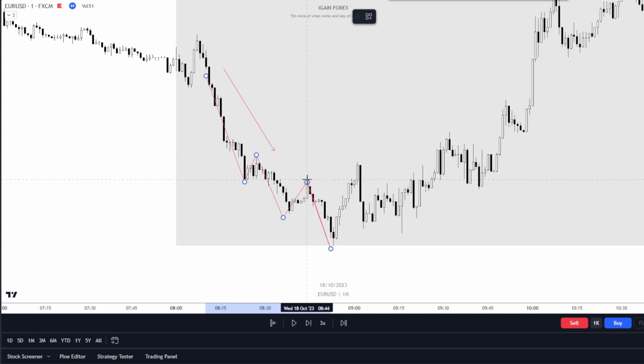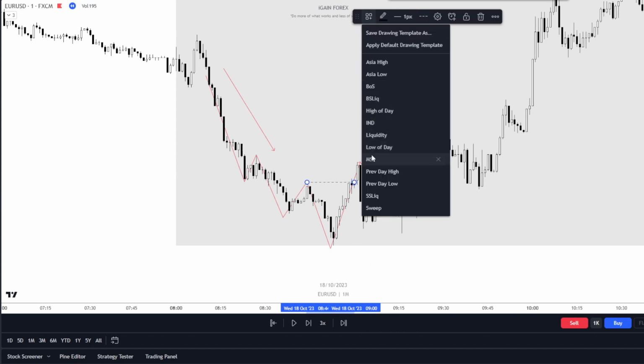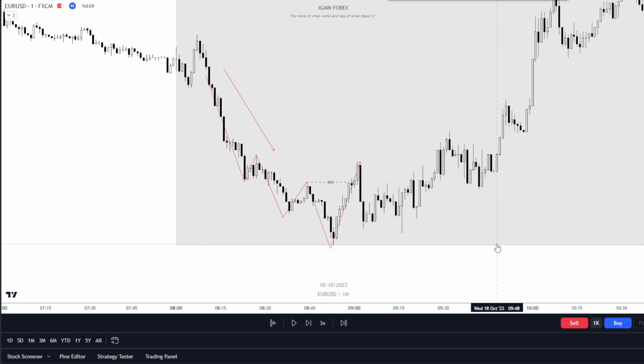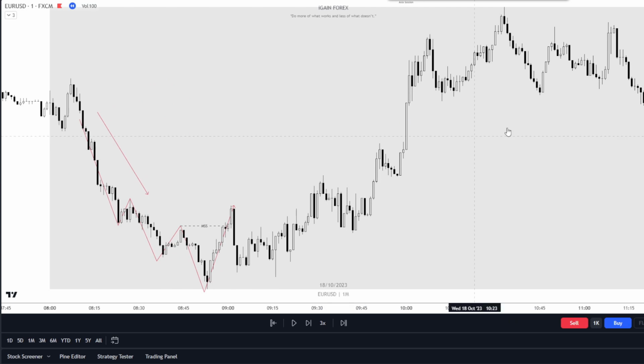And then this lower high was broken and created this new higher high. So we can say that this is a market structure shift. Okay, so that's the simplest or common type of market structure shift. Okay, let's look for another example here.